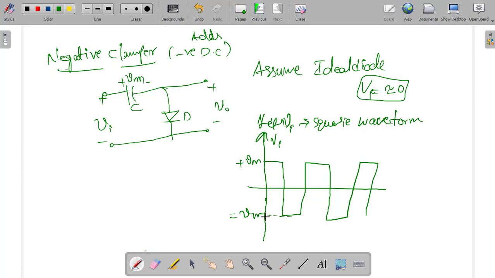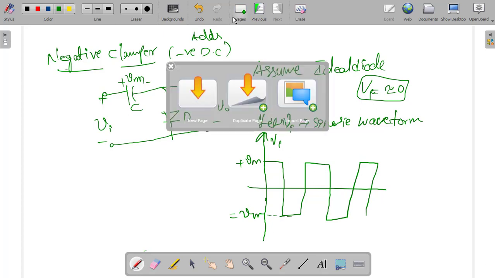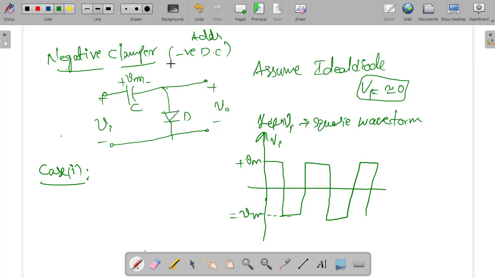Now to draw the output waveform, let us analyze the circuit. We have two cases. In case 1, we assume Vi is equal to plus Vm.